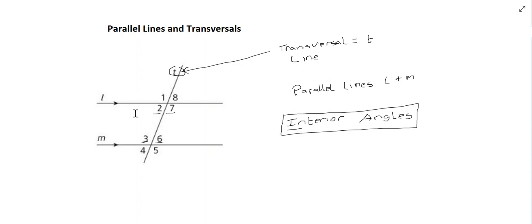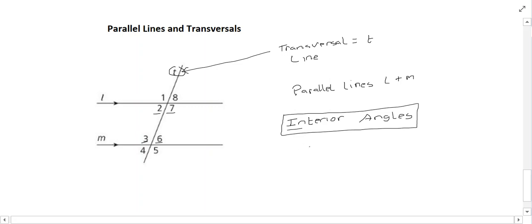So in this case, we have a transversal that goes across two parallel lines. That's why it's called a transversal, because it crosses two parallel lines. You have 4 what are called interior angles. Now, if we look at these angles, we'll name them.